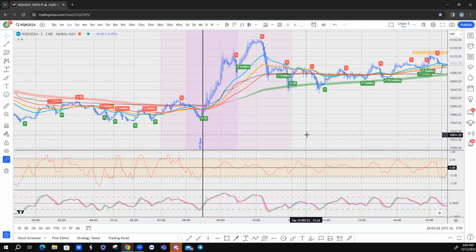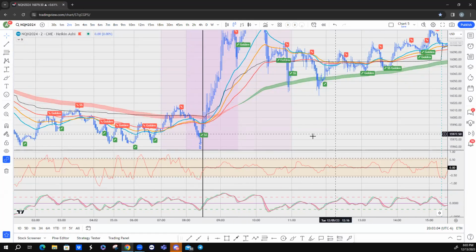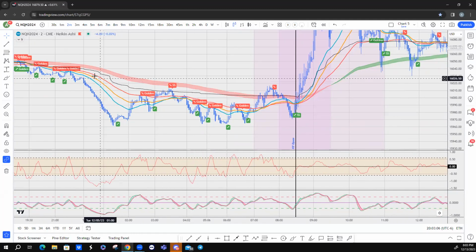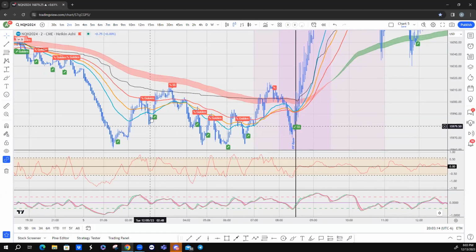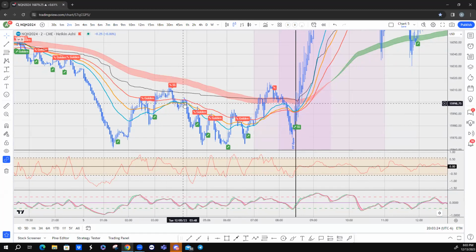So right here, let's see what's happening. I can really see the EMAs are going downstream right here. And I like this because, even though this is something that we haven't seen yet, even though the orange and the teal lines are intertwined right here, the red EMA is above.